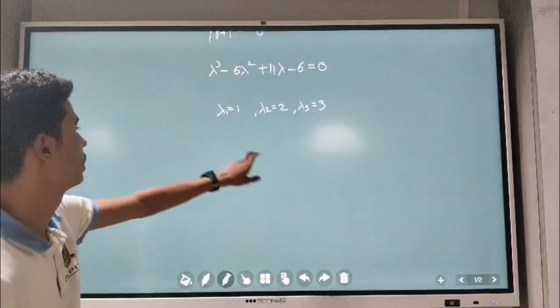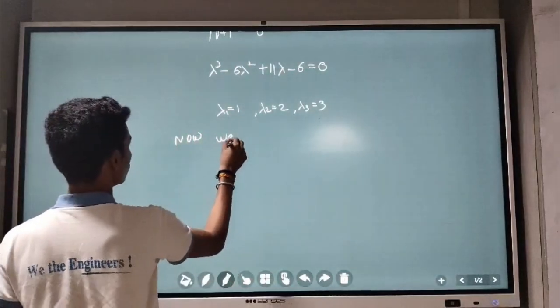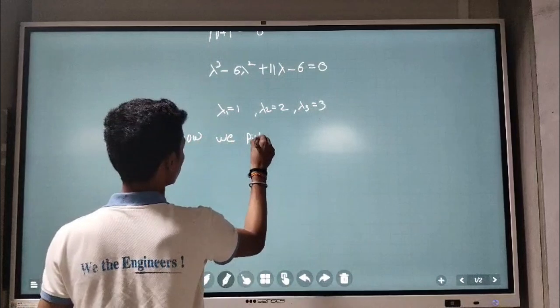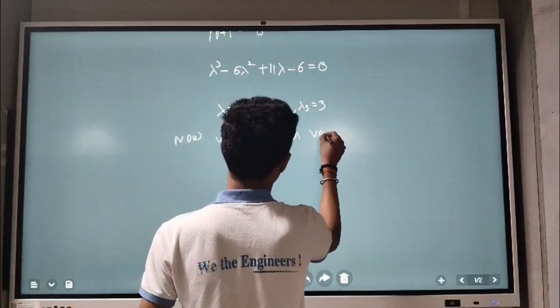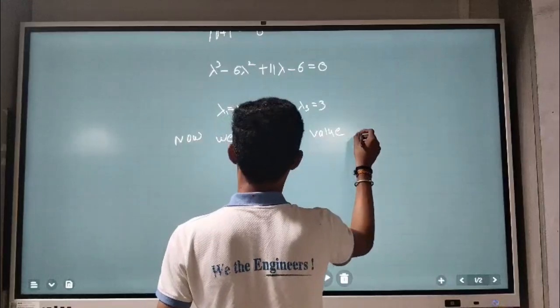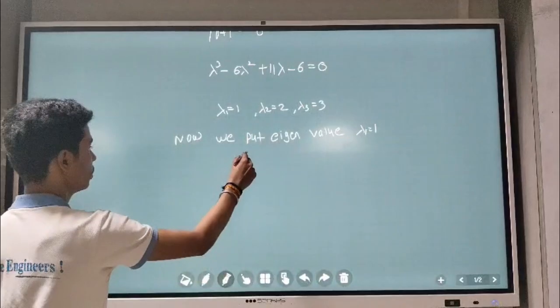So first of all we see lambda 1 equal to 1. We have a formula for this.